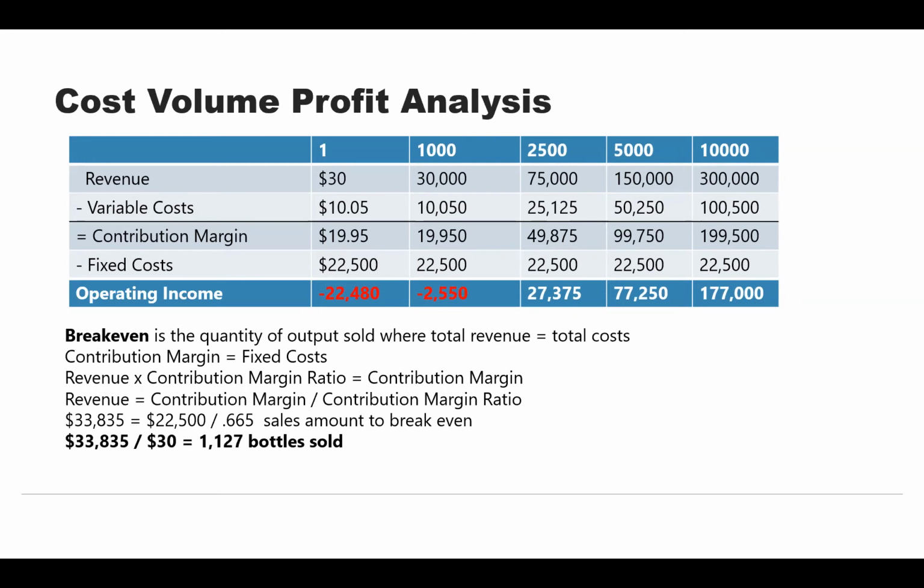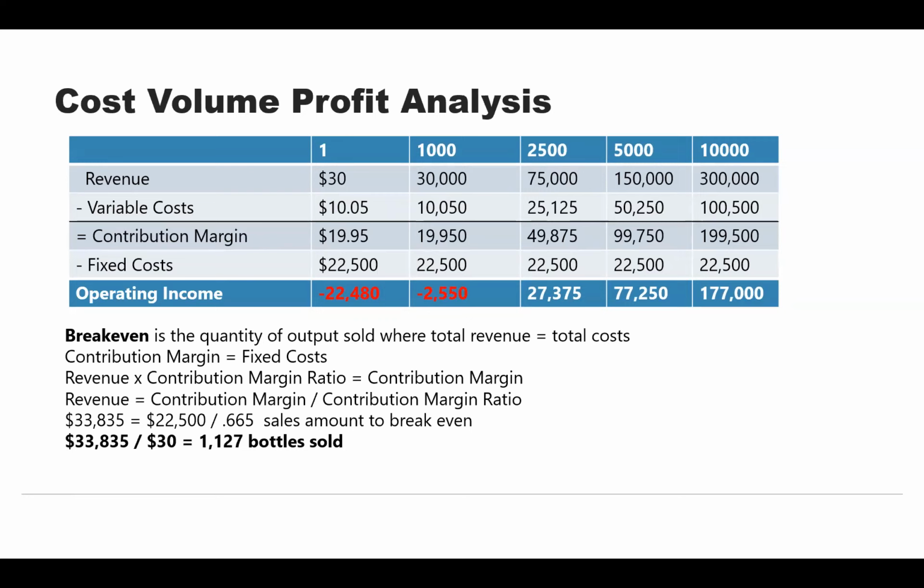And so in this case, to calculate break even, you'd set your contribution margin equal to fixed costs. You can do this more complicated, where you do it by contribution margin ratio.